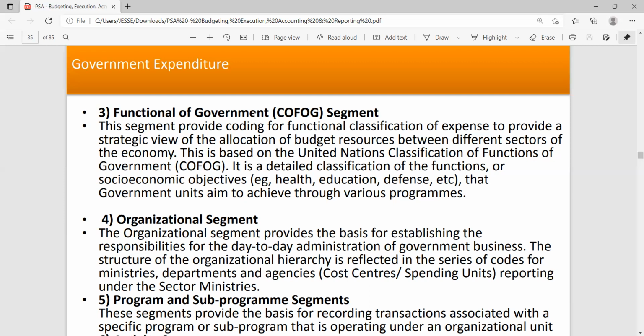So the coding is done on a functional classification of expense level. What are some of the functional classifications of expenses? In the case of the United Nations, you have health, education, defense, etc. Each function is a particular socio-economic objective that is intended to be achieved.